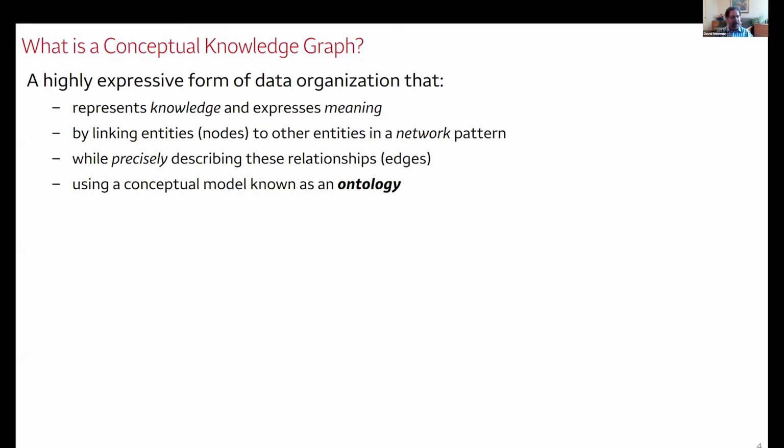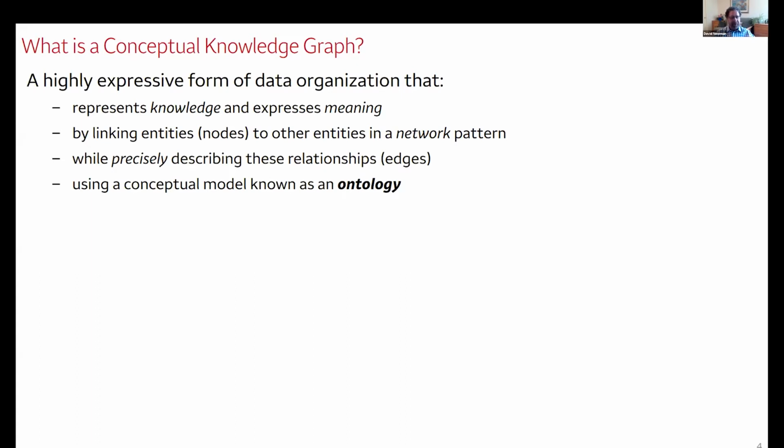So first, what is a conceptual knowledge graph? Essentially it is a very rich model that represents knowledge and is able to describe and express the meaning of concepts. It does this by using nodes, which reflect concepts or entities, that link to other nodes that reflect concepts and entities in a network pattern.